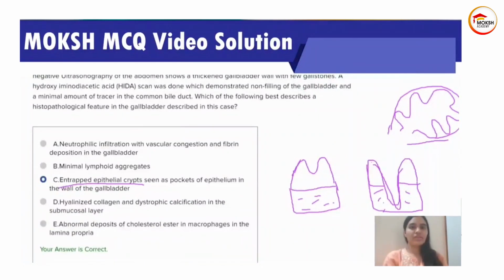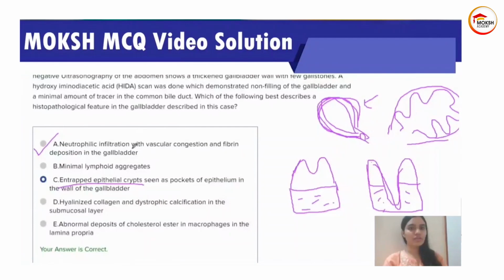Now let's have a look at the other options. Neutrophilic infiltration with vascular congestion is a classic description of what is seen in acute cholecystitis, right? If this is obstructed, there is backup of bile, which will cause stasis and pressure on the gallbladder. This will lead to edema of the gallbladder wall, and eventually because of stasis, there will be bacterial migration and inflammation.